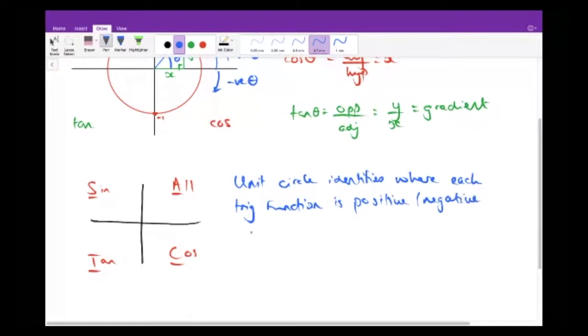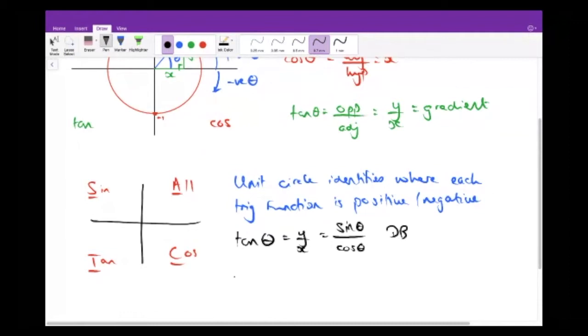Now we can also use a couple more equations here. So if we look at tan, well, we said that tan theta was equal to y over x, but we also got other equations for both y and x. So substituting those in, we get the equation that tan theta is sine theta over cos theta, which is one of the identities in the data booklet.